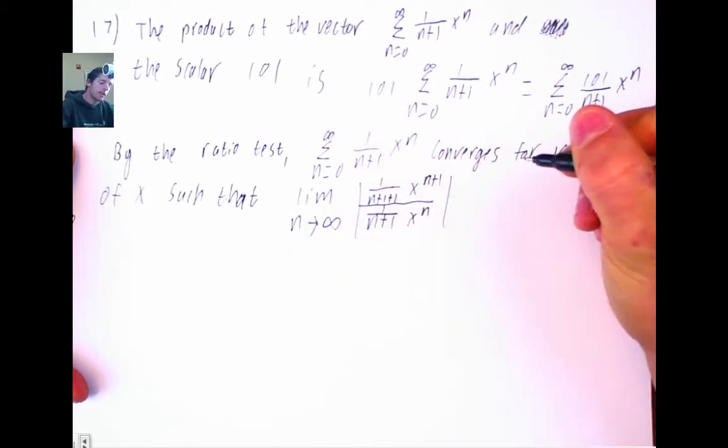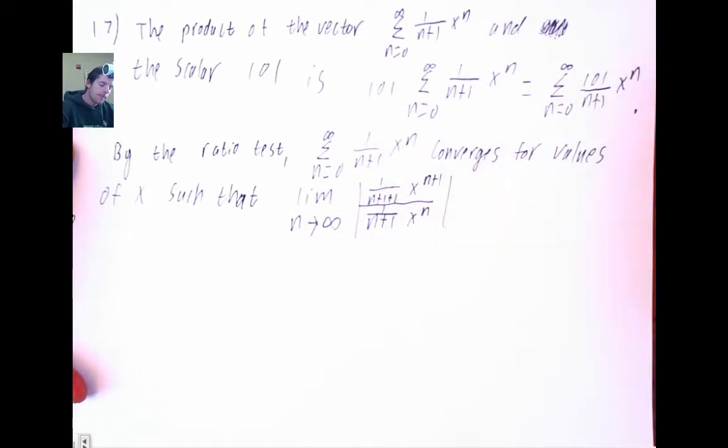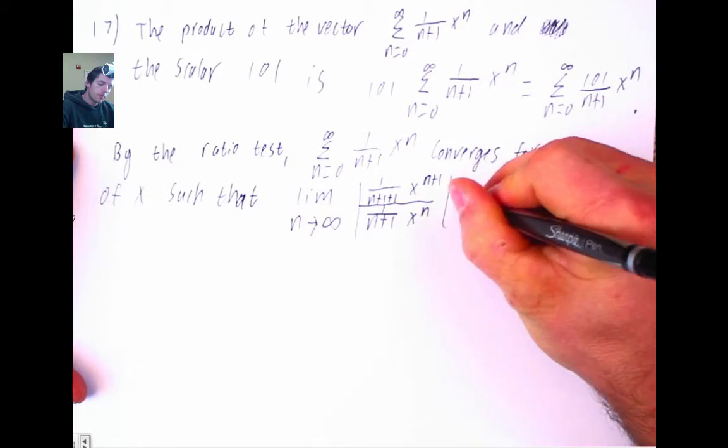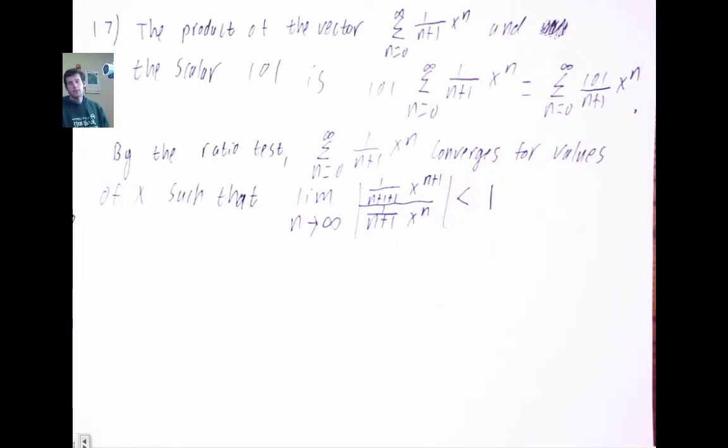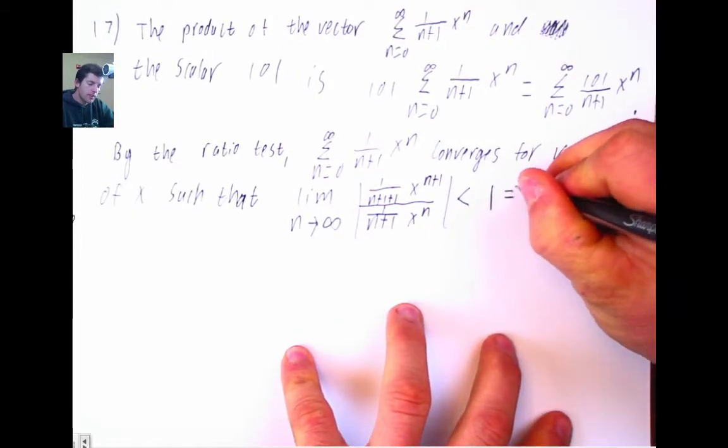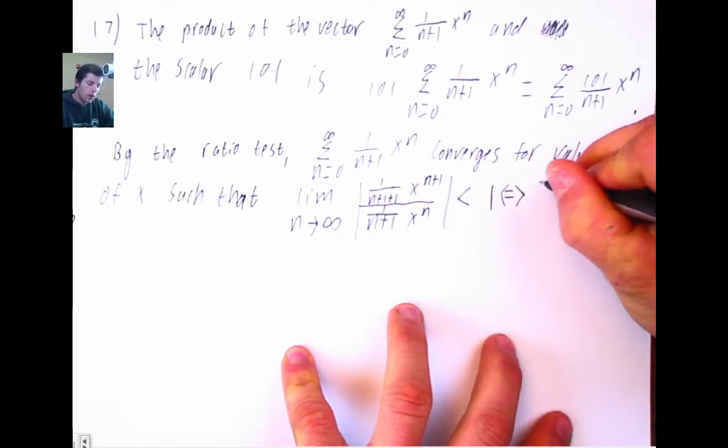Remember, you also need to put that in absolute values. You want to find where that is less than 1. That gives the interior of the interval of convergence, and that inequality is equivalent to the inequality.